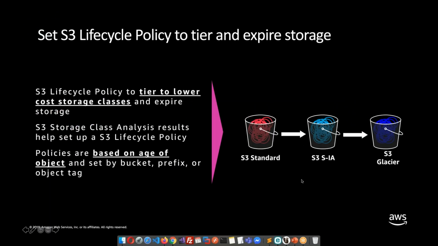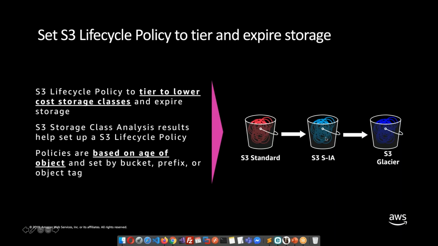So this is a sample of an S3 lifecycle policy, wherein a file can be moved automatically to lower cost storage classes. For example, if you upload a file to the standard S3, and that file is not accessed for, for example, 30 days, that file can be moved to S3 infrequent access.